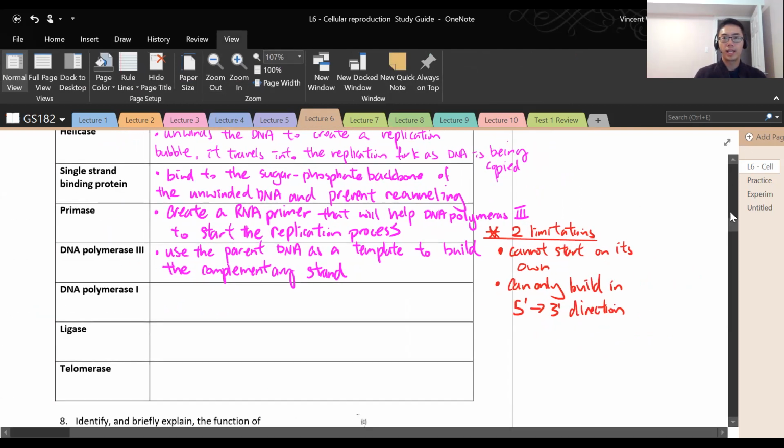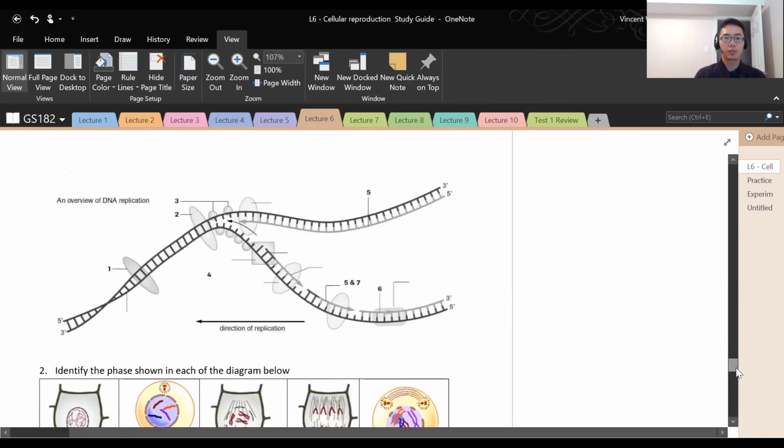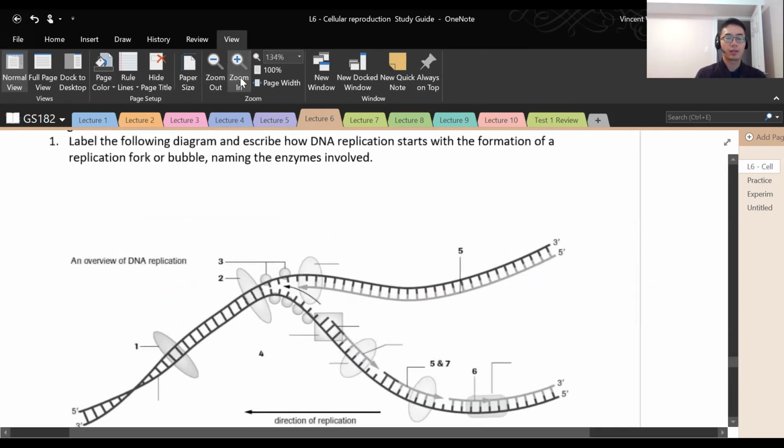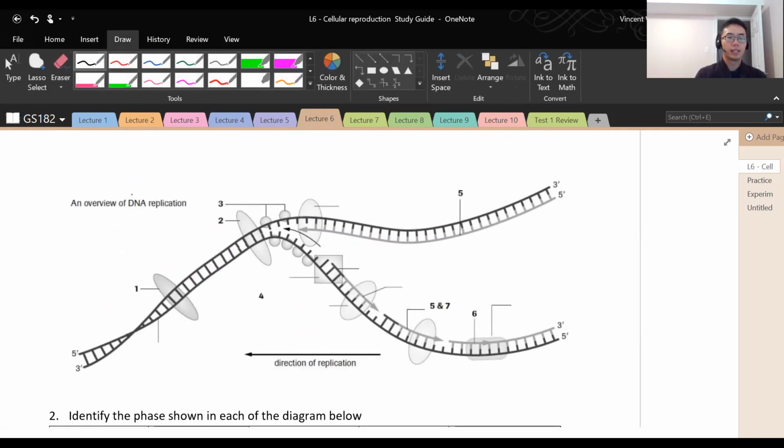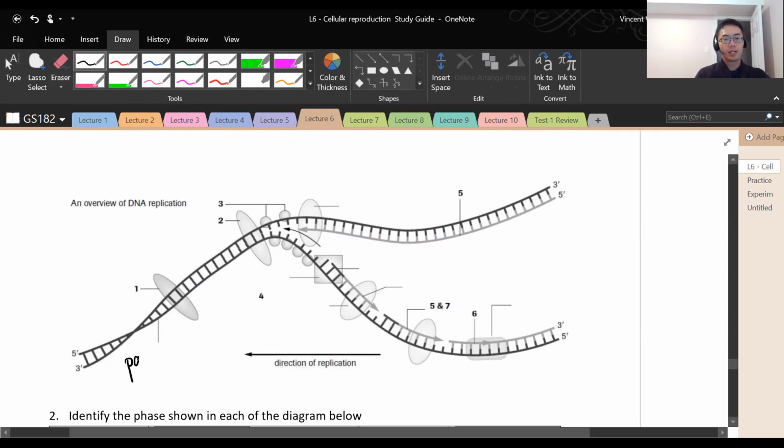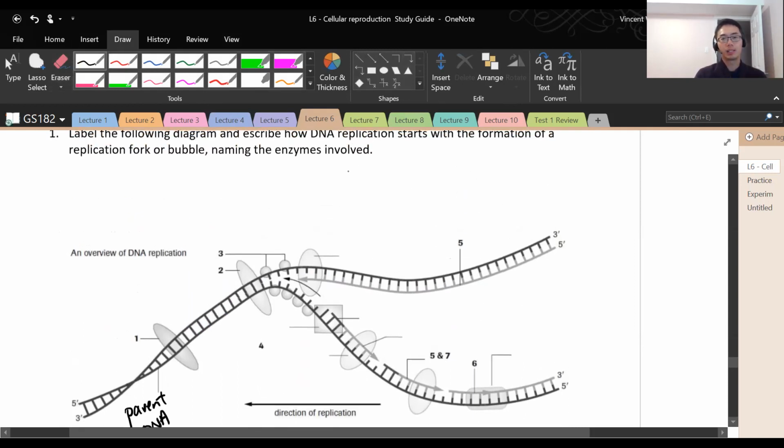Let's recap what's going on for a second. If we go all the way down at the bottom, there is a diagram here. We have the parent DNA shown here. Sorry, it's a little hard to see in black and white, but that is the parent DNA. And this here is one side of the replication bubble. So you create a bubble and then you're focusing on this area.